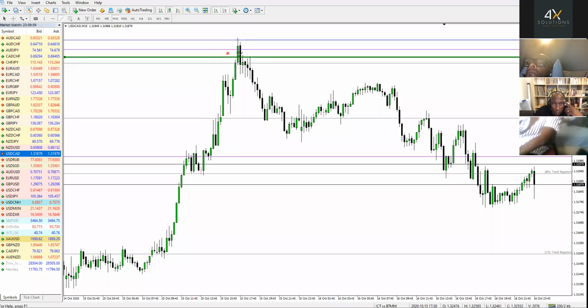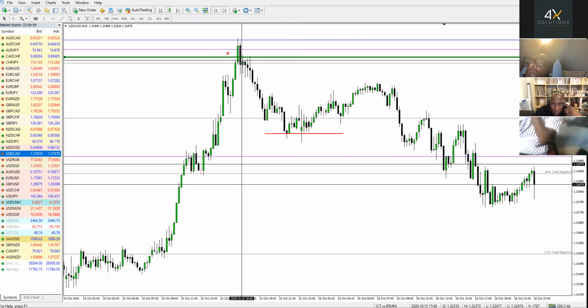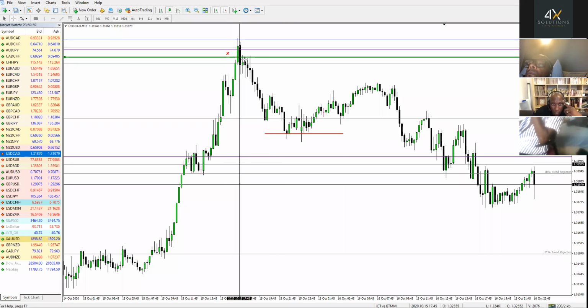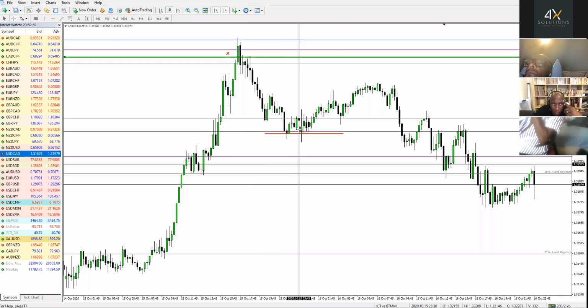Here we have it touching the 500 IPL, price rejects the 500 IPL, and where does it start to rally away from? Creates these bodies over here. Okay, so price falls from our daily order block over here and starts rejecting the 500 IPL.